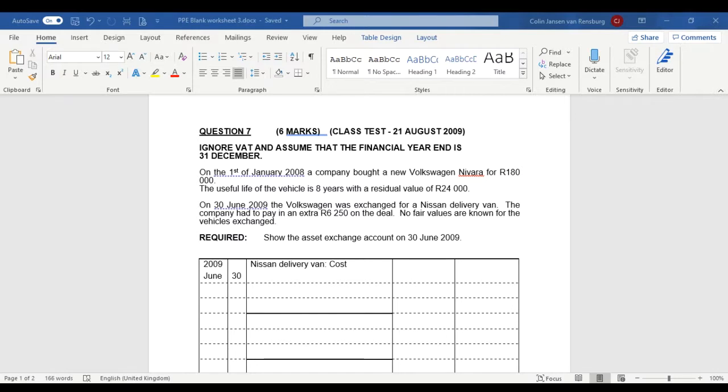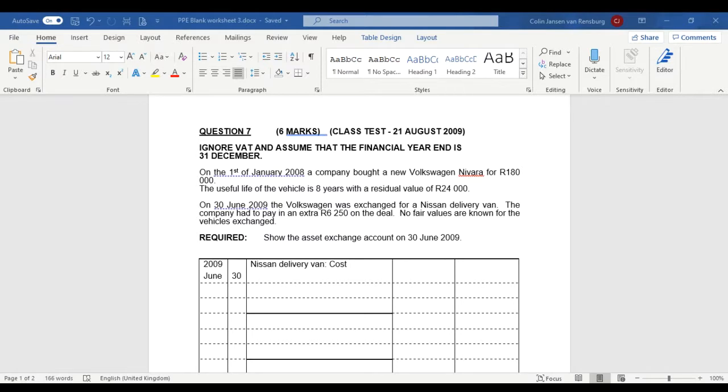What would be the best estimate of its fair value? Something that we have in our books, at least we think this is very close to the fair value. It's the carrying amount, not the 180,000.